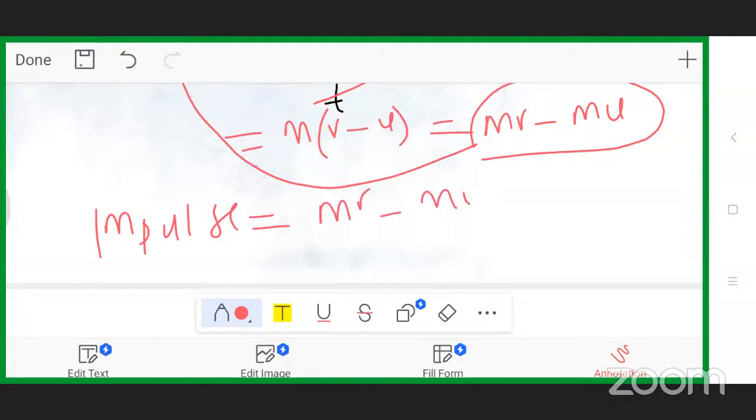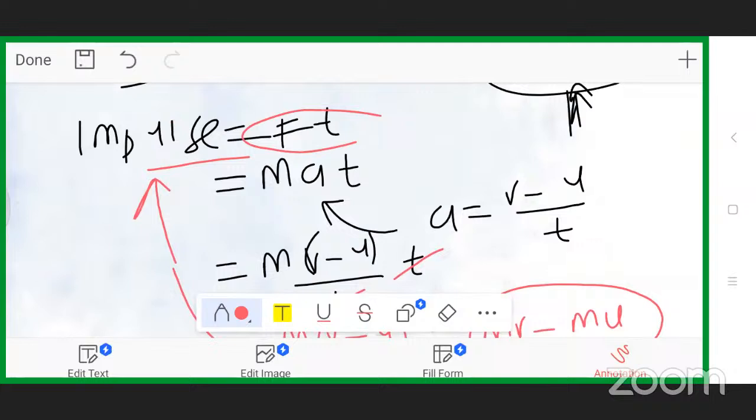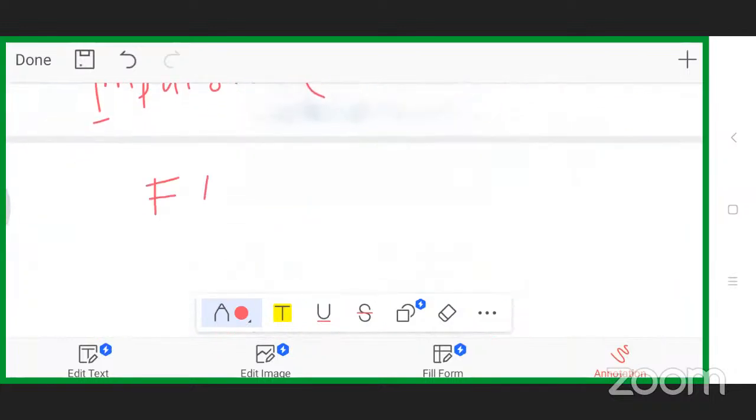So the impulse is basically change in momentum. And since the impulse is also given as ft, we can write that ft is equal to mv minus mu.